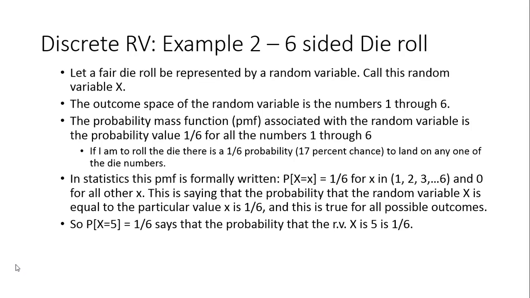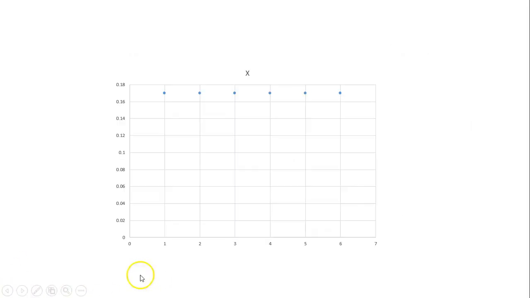So this is very similar to the coin flip, but we can see here the outcome space is just the numbers associated with the die, 1 through 6, and each one of them will have a probability of 0.17, roughly, of occurrence.